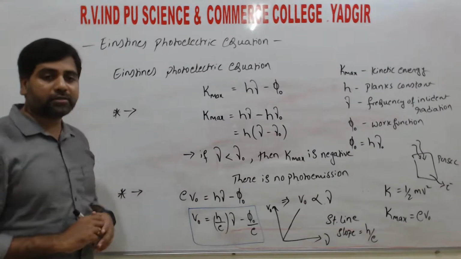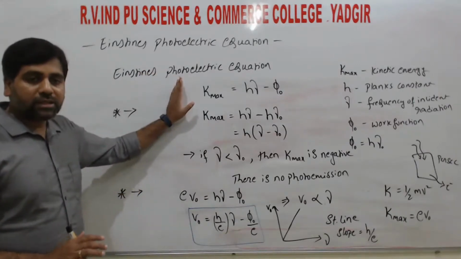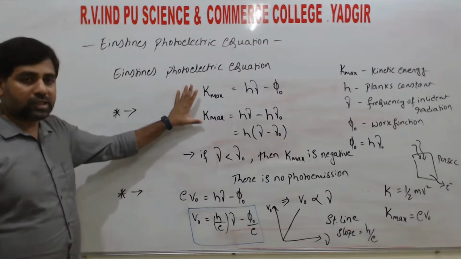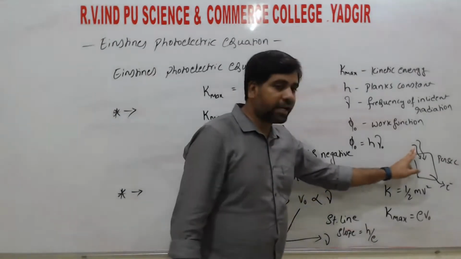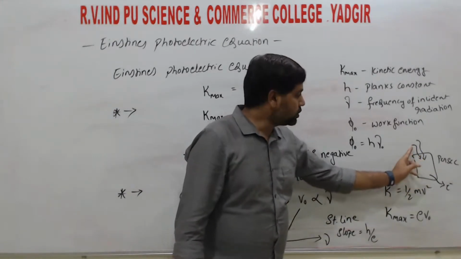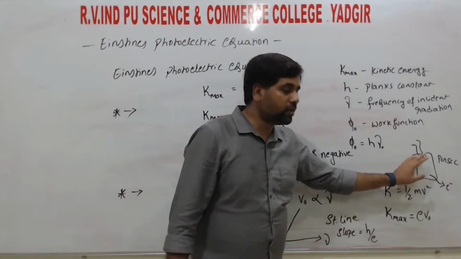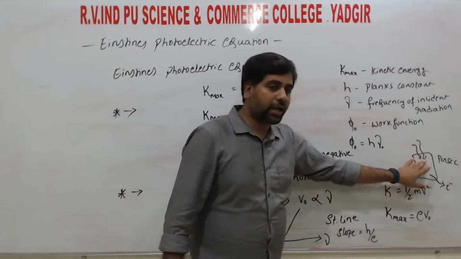One more point, the fifth point, is that photoelectric emission is an instantaneous process, right? Here the collision between the radiation, that is the quanta, and the electrons: when the quanta are incident on the electron, there is a collision of this quanta with the electron.